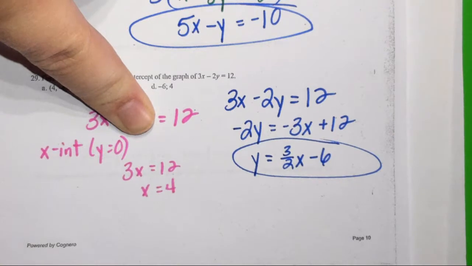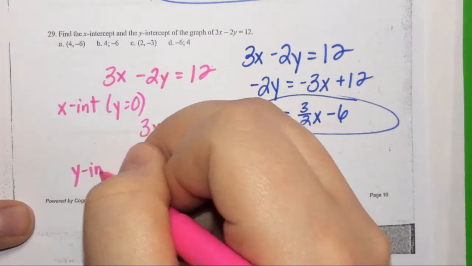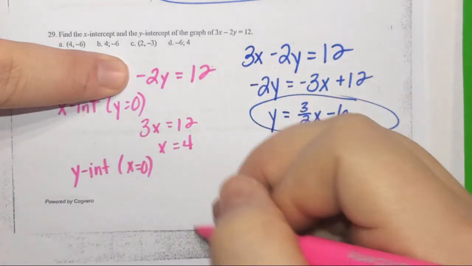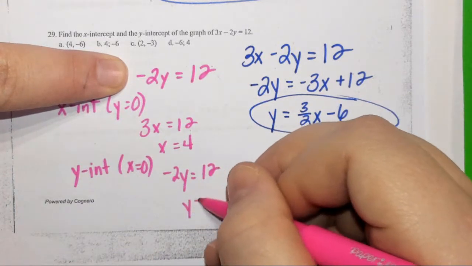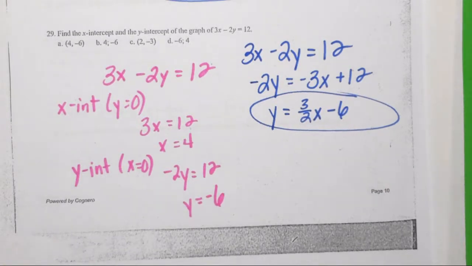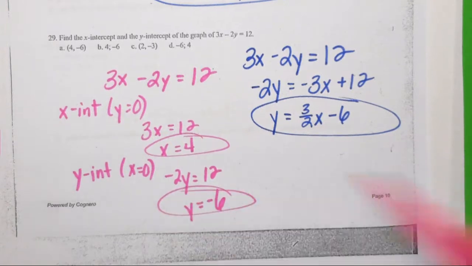So the x-intercept is 4. The y-intercepts happen when x equals 0. So if I plug in a 0 for x, I'll have negative 2y equals 12, so y equals negative 6. Jax doesn't have to graph anything, he didn't have to deal with fractions, nothing. He already knows the intercepts are 4 and negative 6.